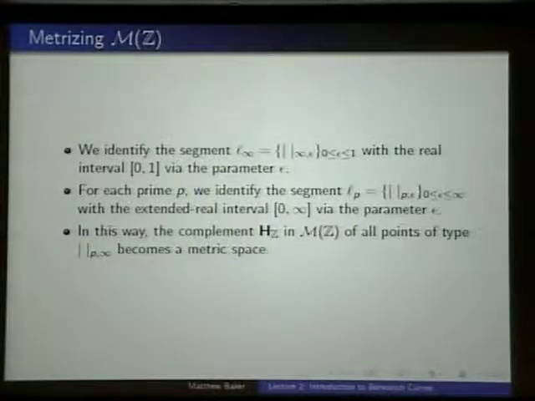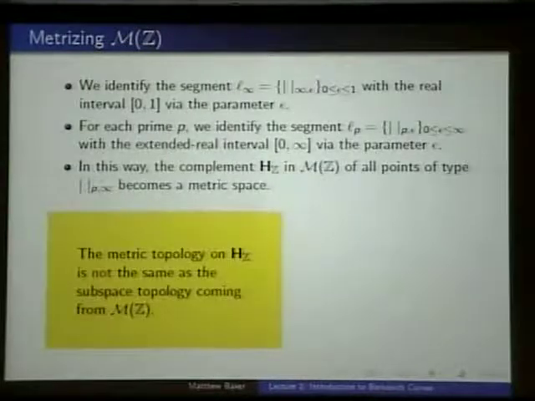Well, so the endpoints down at the bottom are infinitely far away, but if you let H_Z be the complement of these points of type p infinity, you actually get a finite metric. And again, the metric topology is not the same as the subspace topology, as you can obviously see from the description that I just gave of what the Berkovich topology looks like.